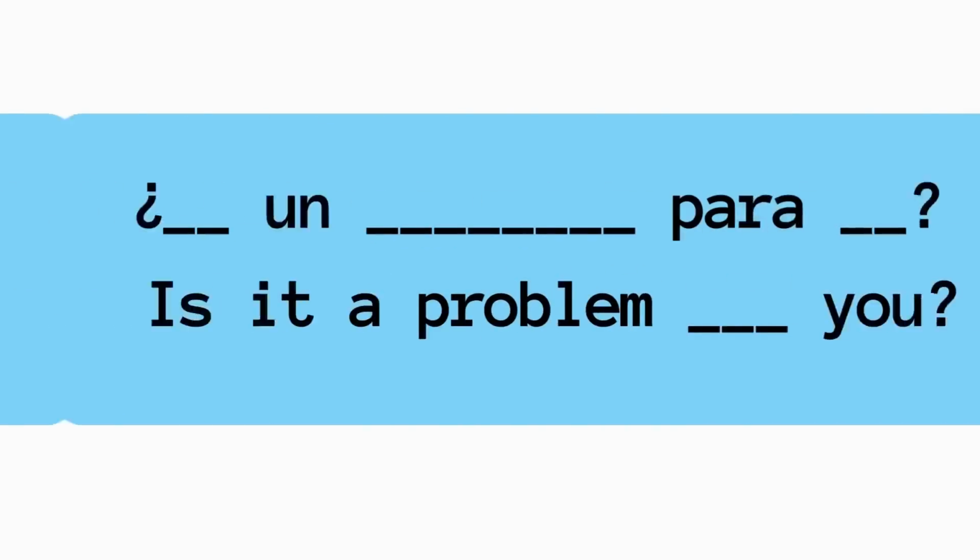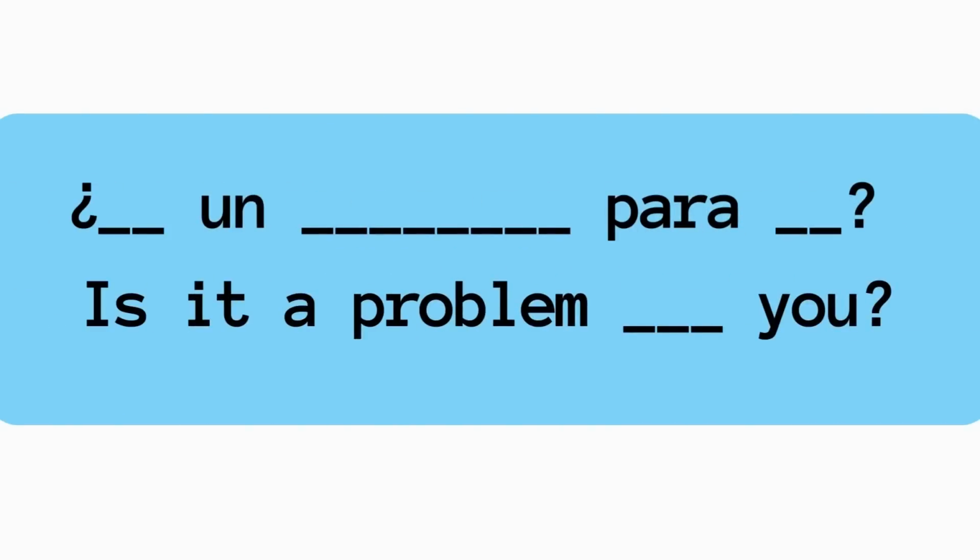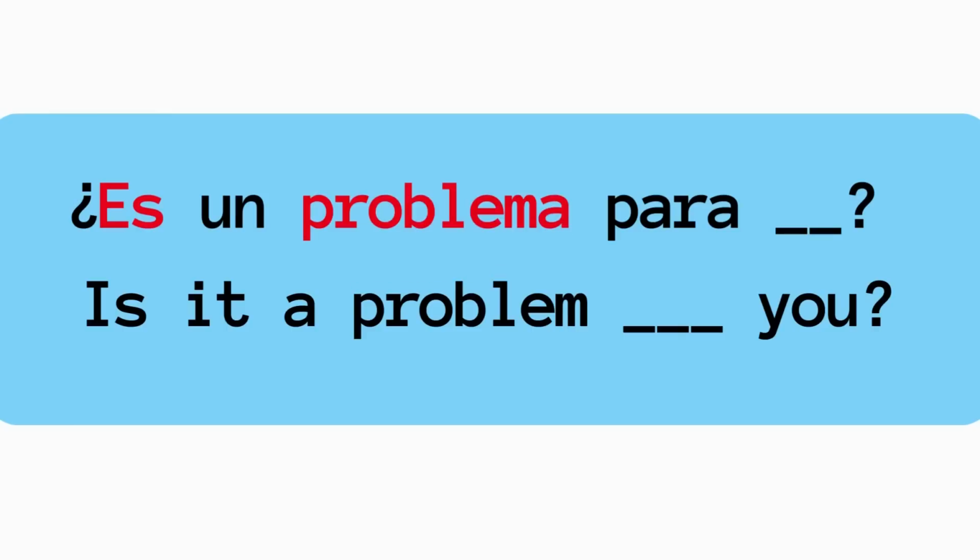Number 2. The first gap that's missing, so for is it, is es. Es un. Is it a, the next gap, problema. So we've got, is it a problem? Es un problema para ti.